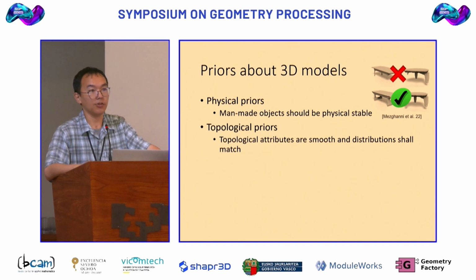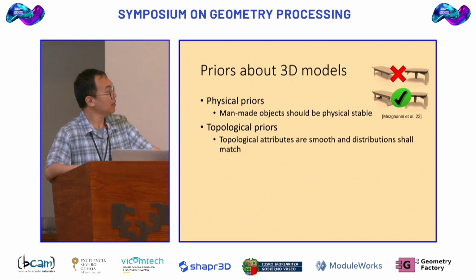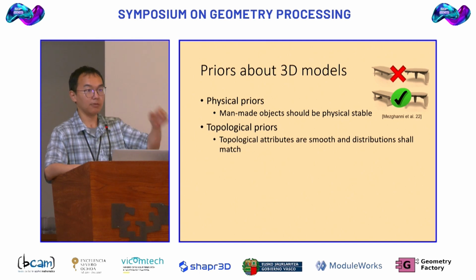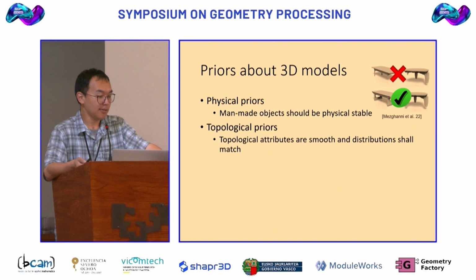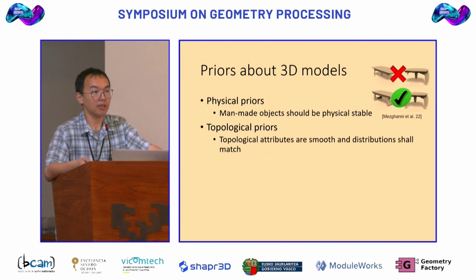If you use an implicit representation to generate 3D shapes, many shapes are disconnected. If you are familiar with DeepSDF, the topological priors are also very important. And what are other topological priors? Number of holes, number of voids, those are topological priors.